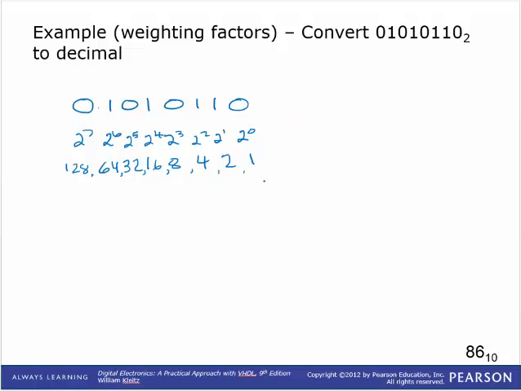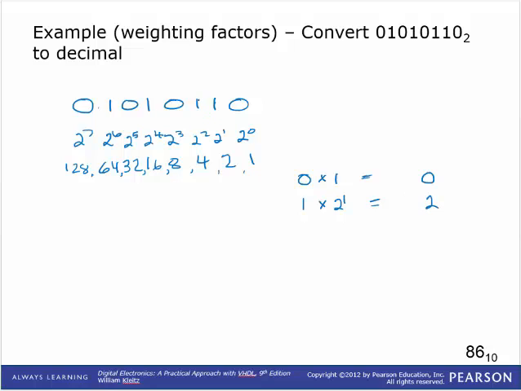So how do I find out this number in decimal? I have 0 times 1, which equals 0. And then come down this column. I have 1 times 2 to the 1, which equals a 2.